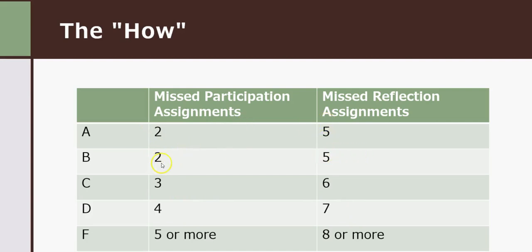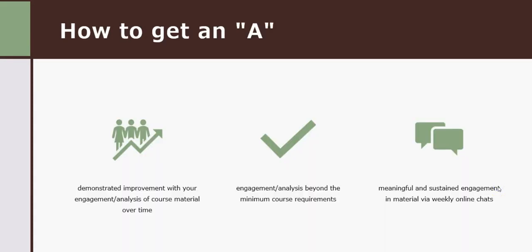So how do you get an A in this class? Turning everything in, of course, but what really will get you an A is one of these three things. If I see a marked improvement in your level of engagement and thinking and the questions that you're asking me and your fellow students, that's one way, right? Change over time.